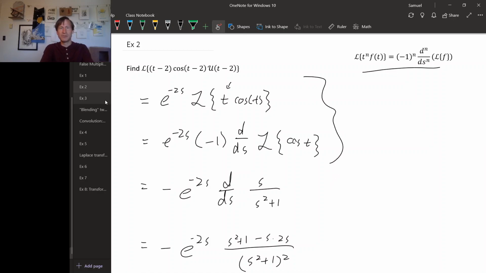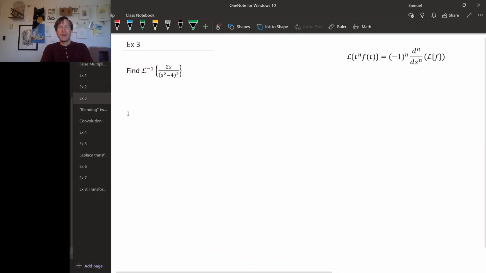Okay, final example. Let's find an inverse transform here. So this inverse transform, this power right here is a little clumsy to deal with. In this case, actually, we could deal with it by factoring s squared minus 4. But imagine if that minus in here were a plus.